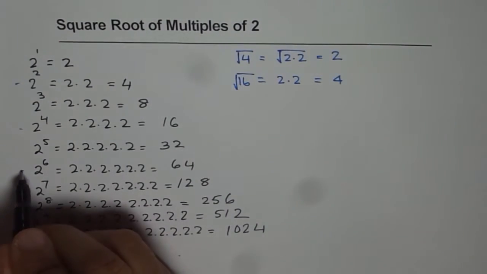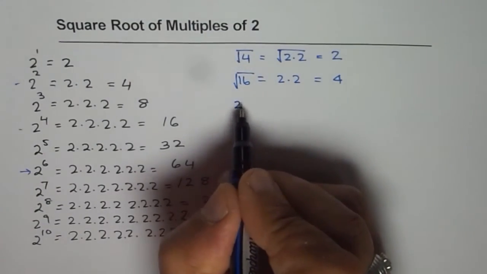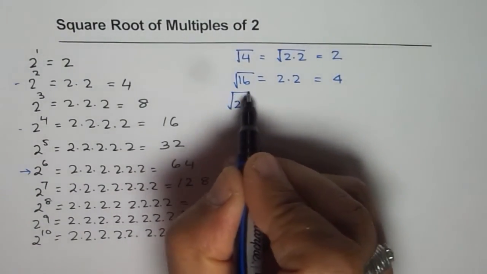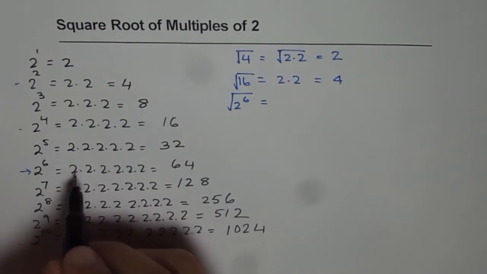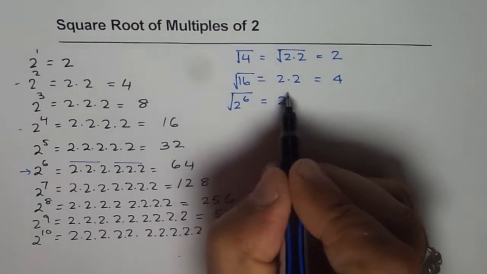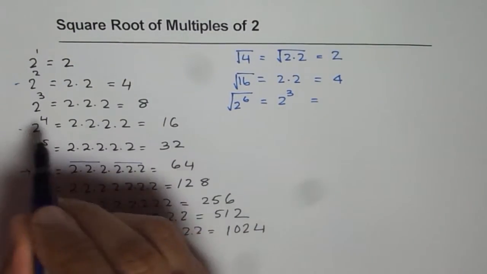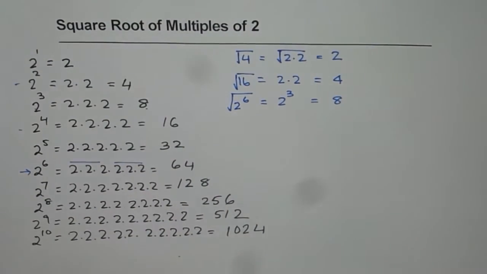Now let's look into 2 to the power of 6. 2 to the power of 6 is 64, which has 6 2's. So 3 can be taken out. That means 2 to the power of 3, and 2 to the power of 3 is 2 times 2 times 2, 8.